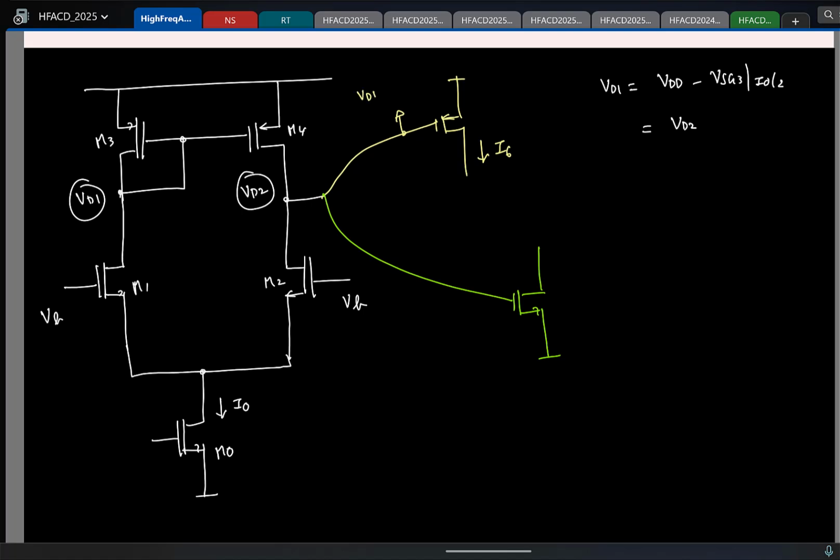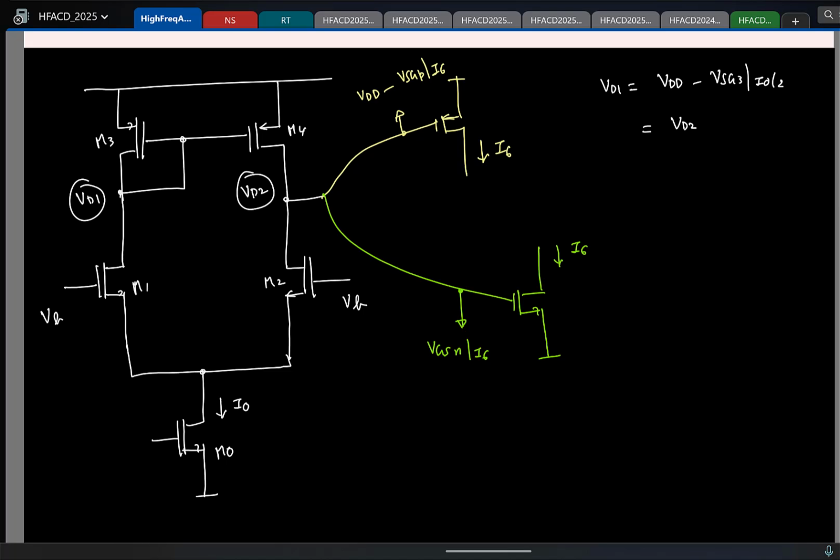VDD minus VSG of that PMOS transistor, let's say VSGP at a current of I6. Now if I were to use an NMOS here, biased at the same current I6, what should be the voltage here? Just VGS of that NMOS at the current of I6. So now you tell me which of the two is better.